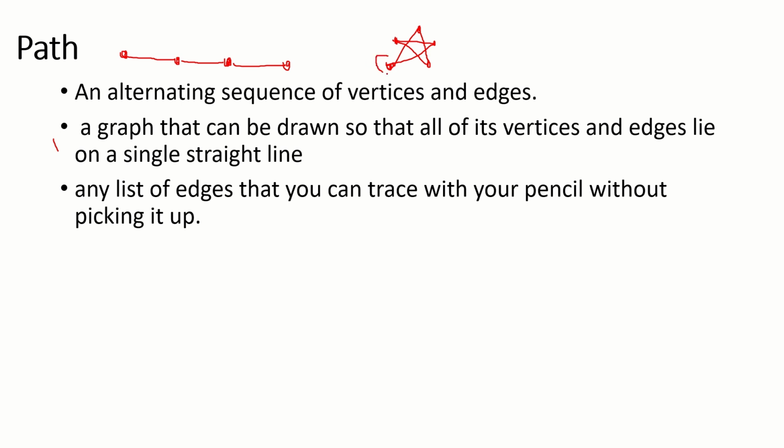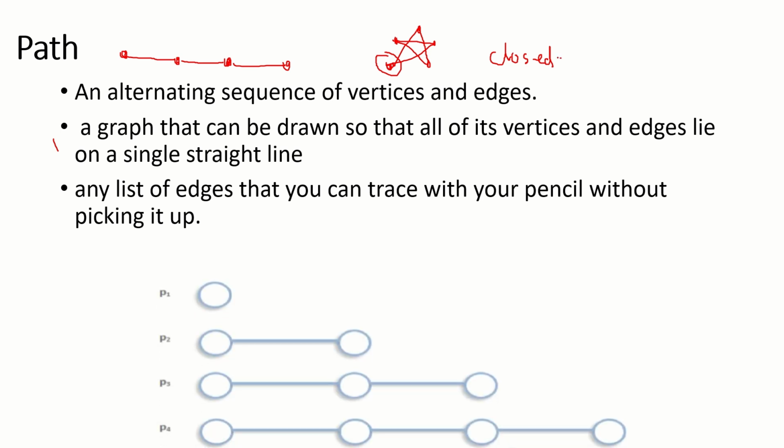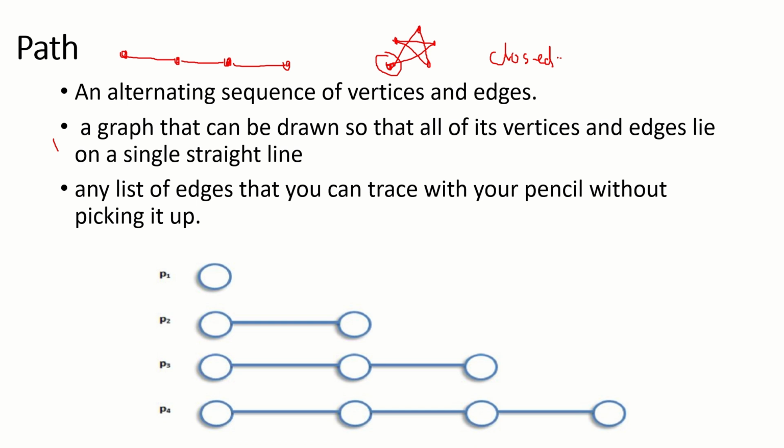Now, if you notice this one, I started and ended on this vertex, so it's still a path. We call this one a closed path, because it starts and ends with the same vertex. So these are just some examples of a path. When we talk about a path, it's not necessarily always a straight line.